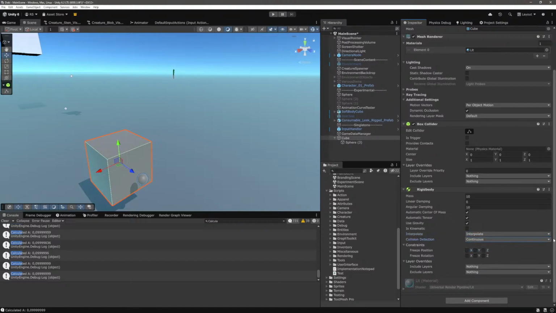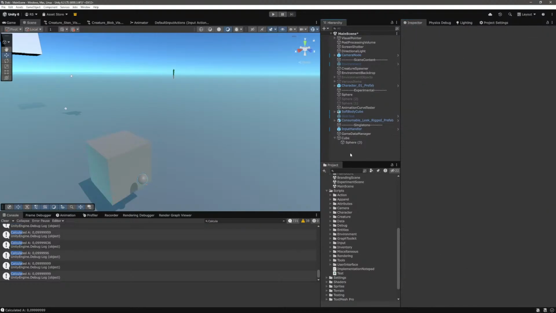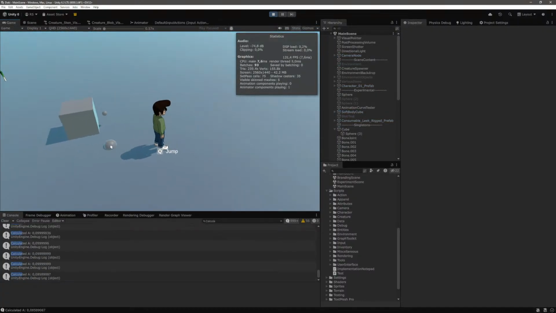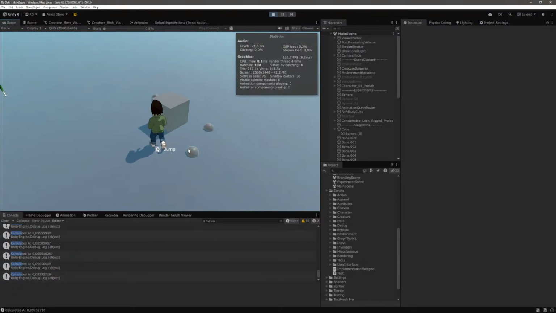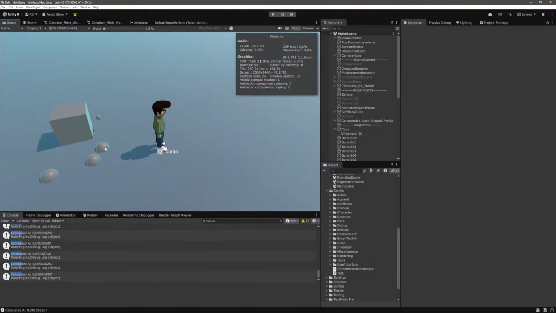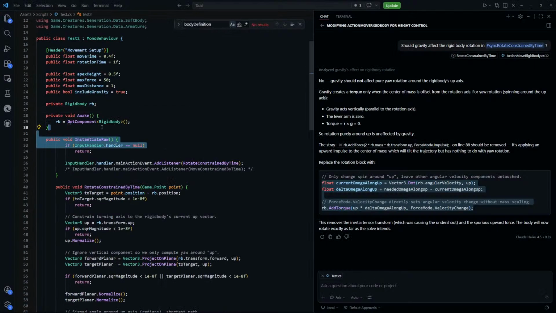Let's do same setup here. And then we add test to it. Okay, what did I forget? Yeah, we don't call this one.